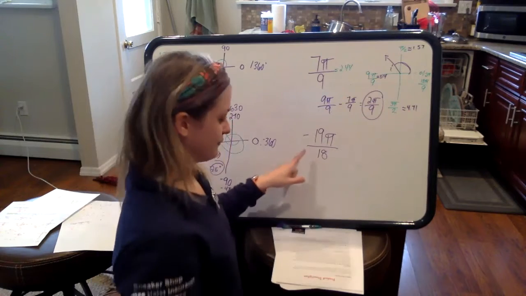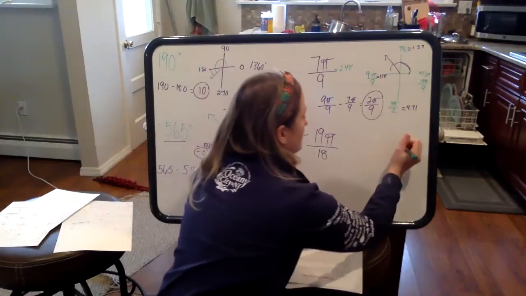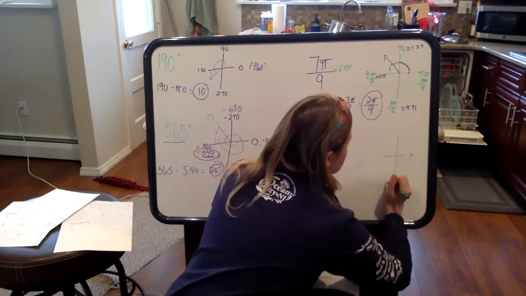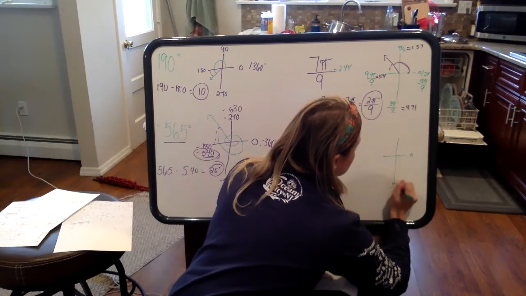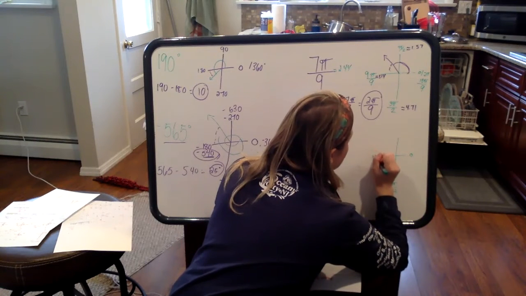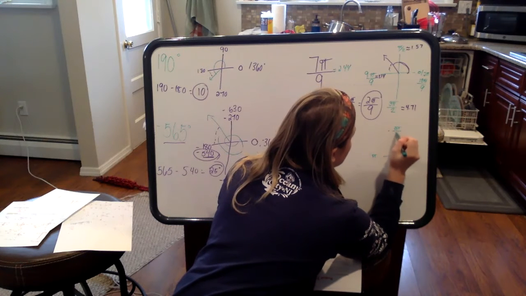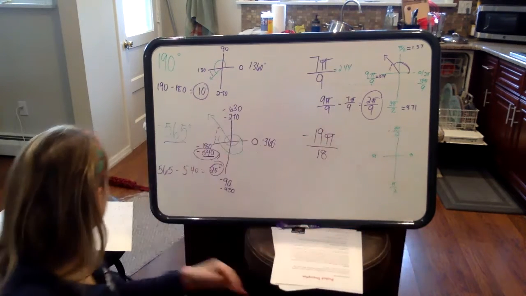All right, for this one, so similar, but we have to change, so this is still 0. This is going to be negative pi over 2. This is going to be negative pi, and this is going to be negative 3 pi over 2, okay?